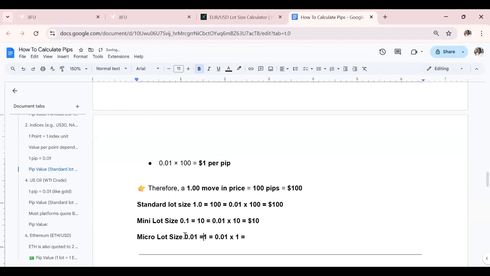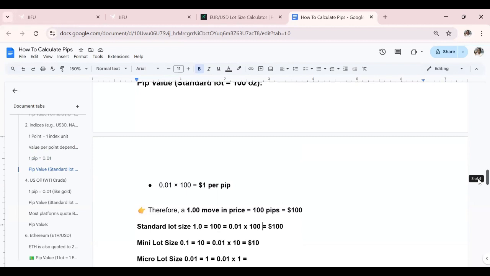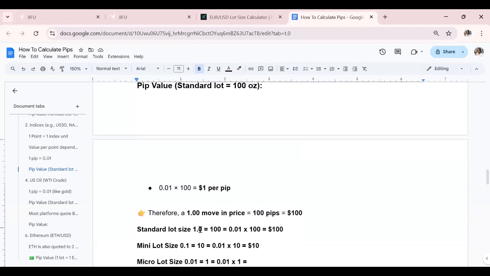So the movements here: one standard lot size is actually 100 ounces, okay? Then one mini lot size is 10 ounces.